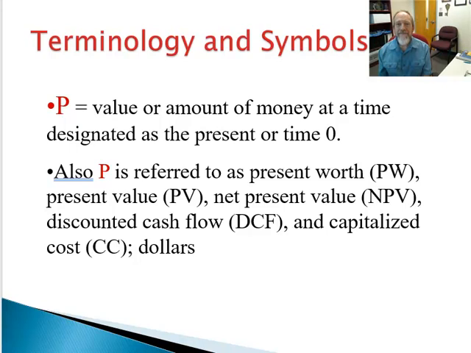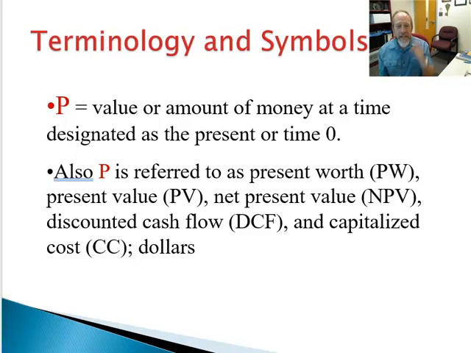Now, the P, we've called it the principal. We've called it the present worth. We've called it the present value. We can call it the net present value. There are multiple names for it depending upon how you're using the money and what kind of calculation you're doing. But essentially, the P is the value of the money at time zero, at the beginning, the start.